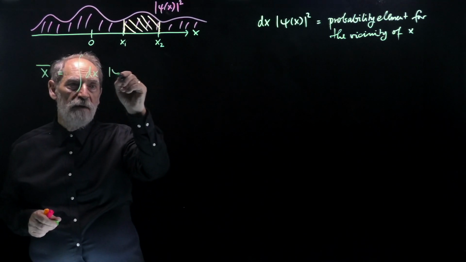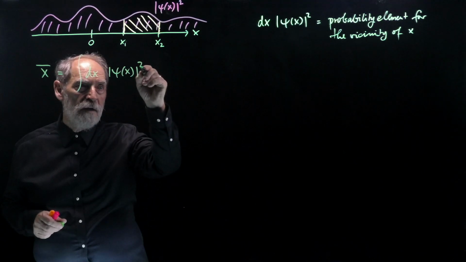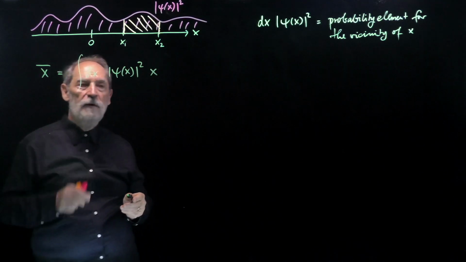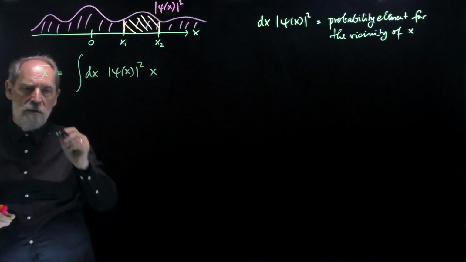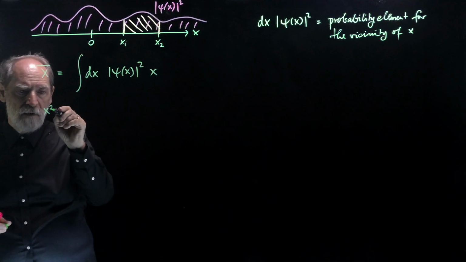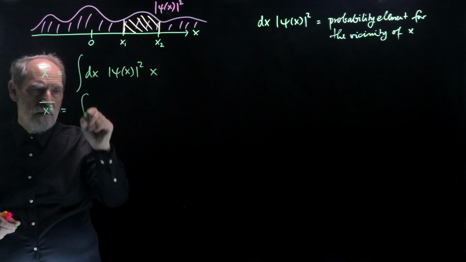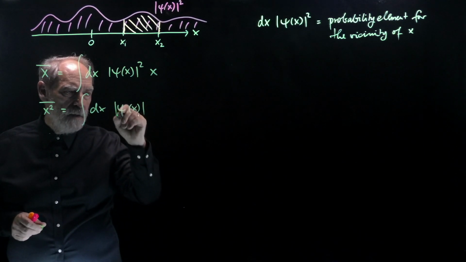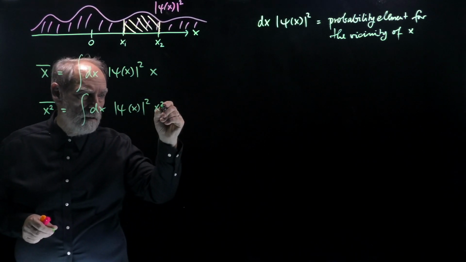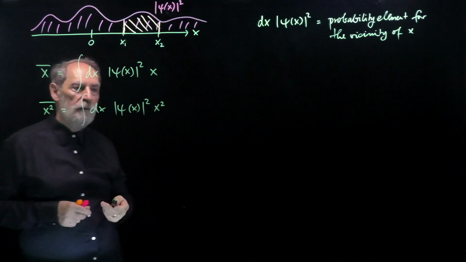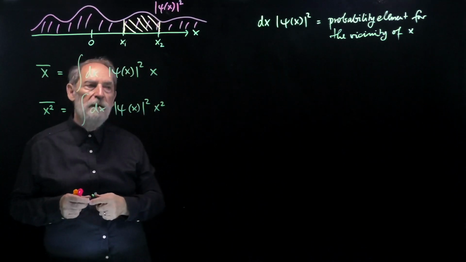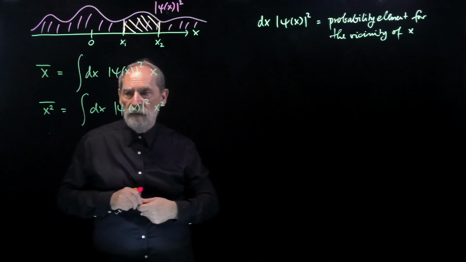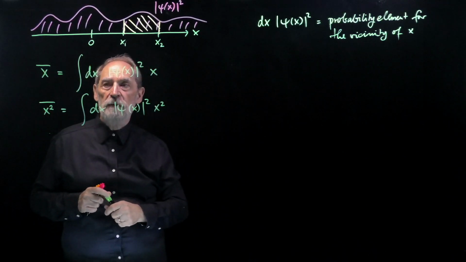And so we have the psi of x squared multiplied by x for the mean value of x. And we can also ask, what's the mean value of x squared? Well, here we just add up the values of the squared x's weighted by the probability that goes with each vicinity, and so forth, right?